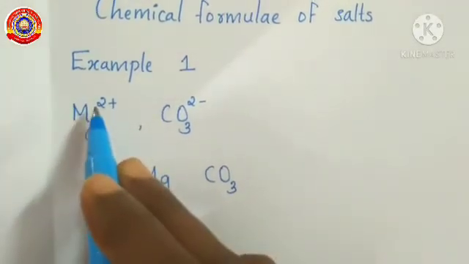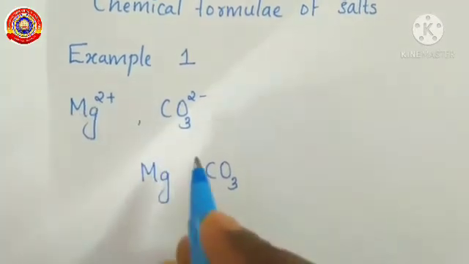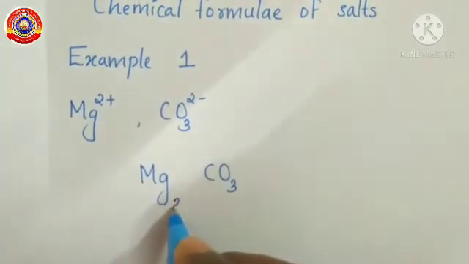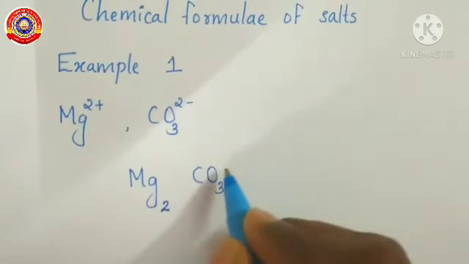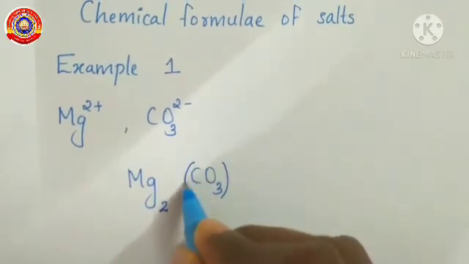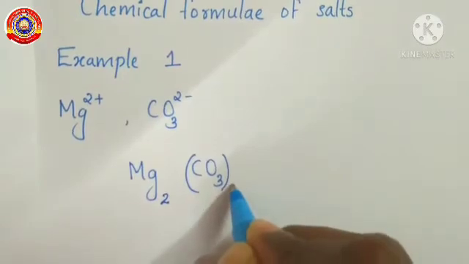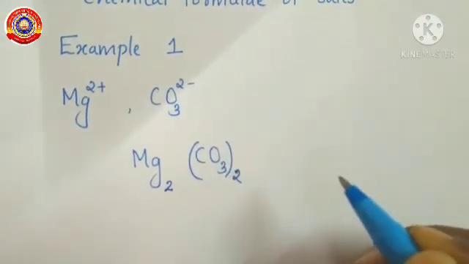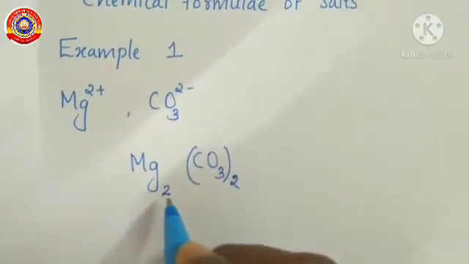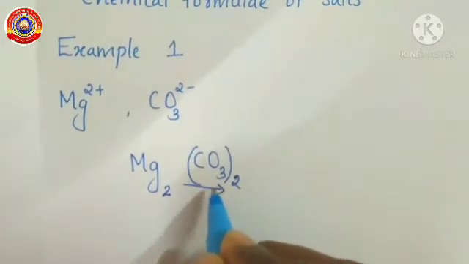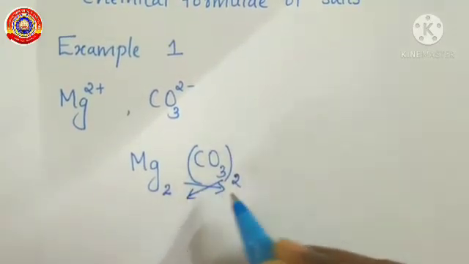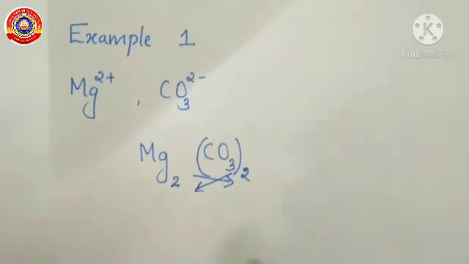Yes, we should indicate the number of charge of each ion as subscripts. For ions with multiple atoms, we need to use brackets. So don't forget to put the bracket for the ions with multiple atoms. Let's interchange these ions. What will we get?